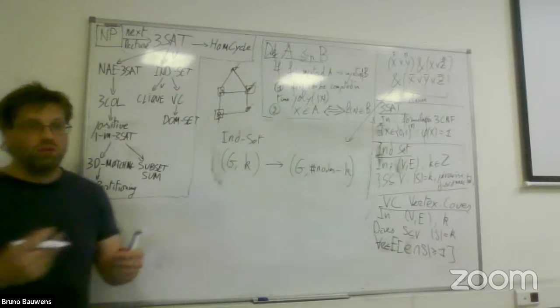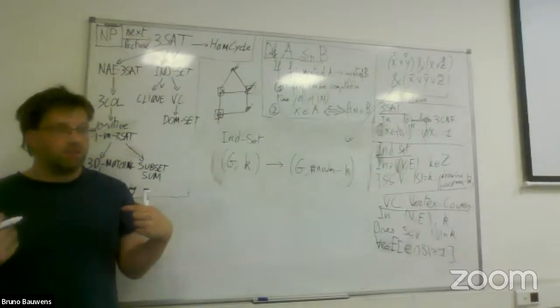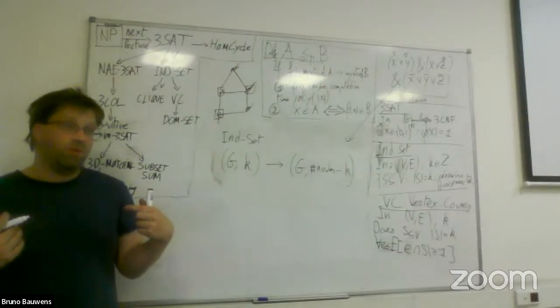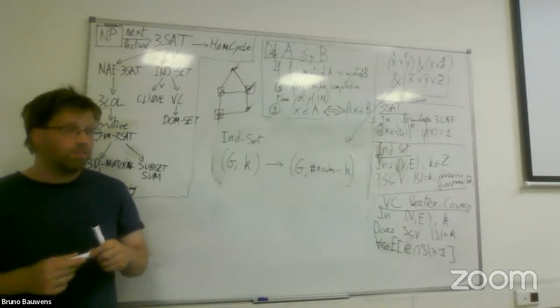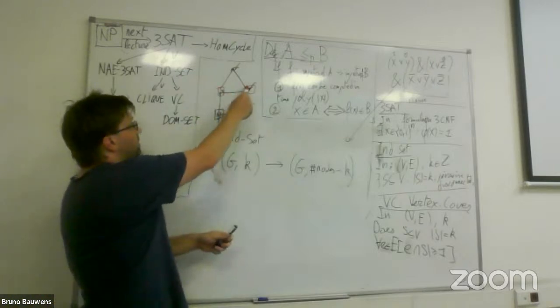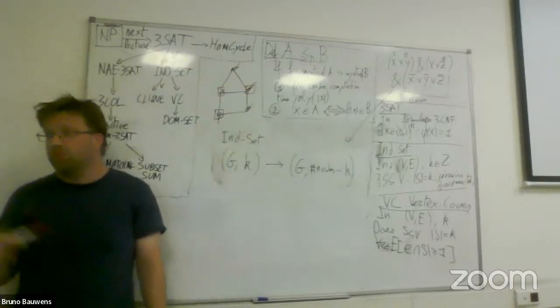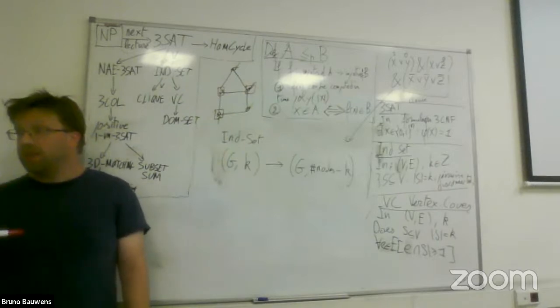So take two nodes that are not in the vertex cover. Can they be connected? No. So this is the vertex cover. Now let's pick any two nodes that are not in the vertex cover. Can they be connected?